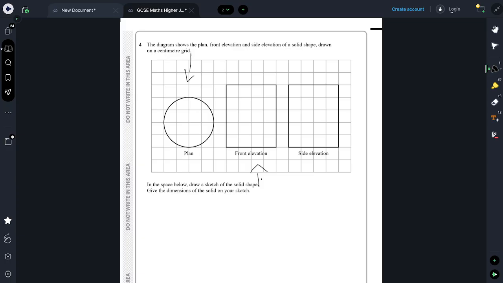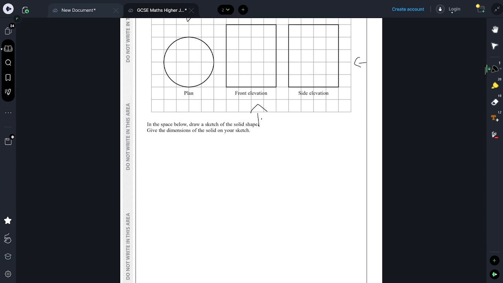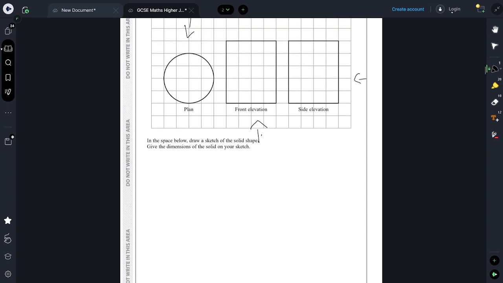So if you're staring at the front of it, it looks like a rectangle. And the side elevation, when you look at its side. Okay, this one I think you have to just recognise.